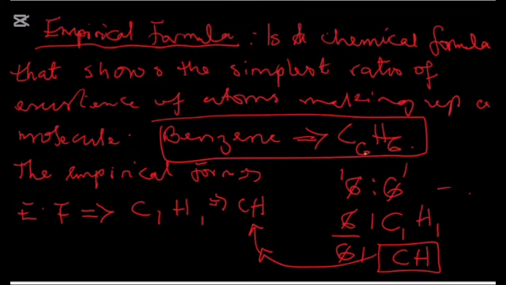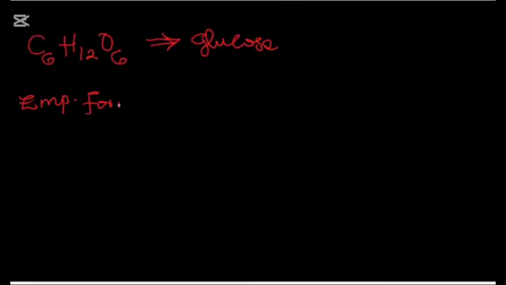Now let me give you more examples so that you can get it better. Let's assume you have glucose, C6H12O6. Since it is 6:12:6, 6 can go into all of them. 6 here 1, 6 here 2, 6 here 1.